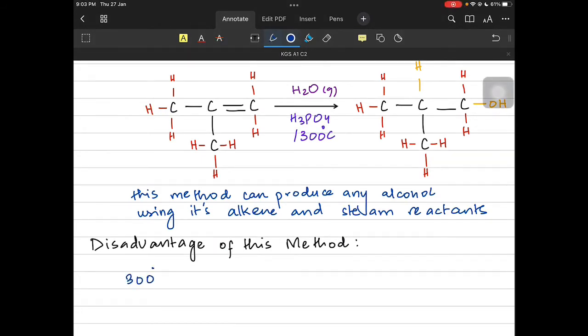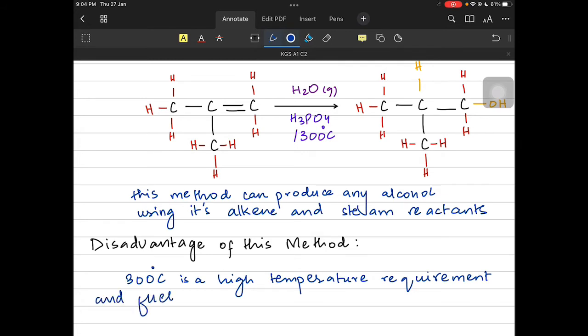But there's a disadvantage of this method. It requires 300 degrees Celsius, which is a high temperature. And obviously, in order to reach that high temperature, we need to burn a lot of fuel. So high temperature requirement and fuel consumption happens, because we are going to burn a lot of fuel.